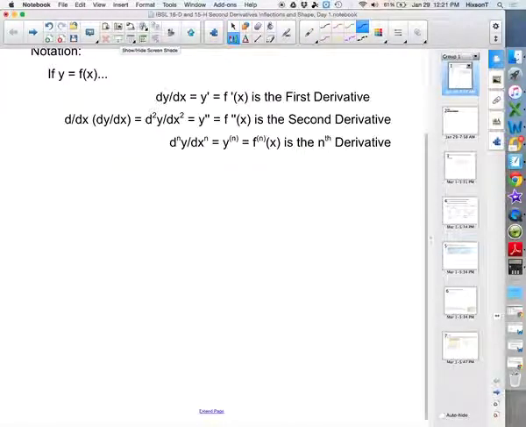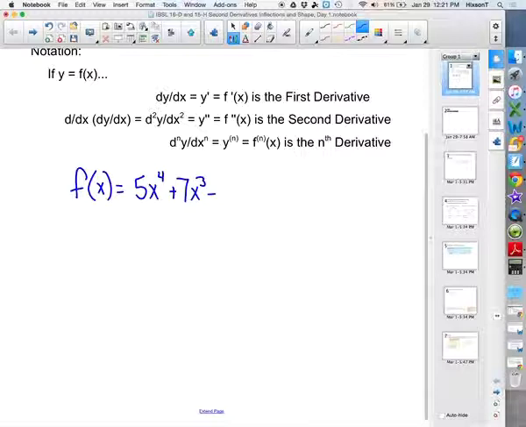Let's say f of x is 5x to the 4th power plus 7x cubed minus 3x plus 4. Here's the thing, you're not going to be told to find the derivative and then find the second derivative usually. You'll just be asked to find the second derivative. Find f double prime of x.